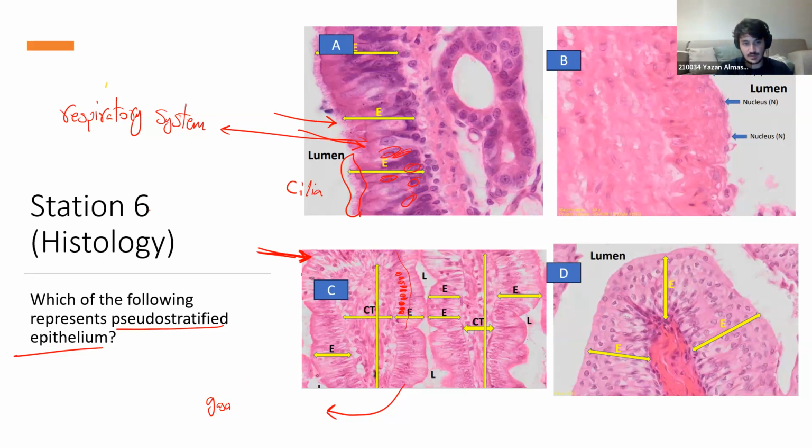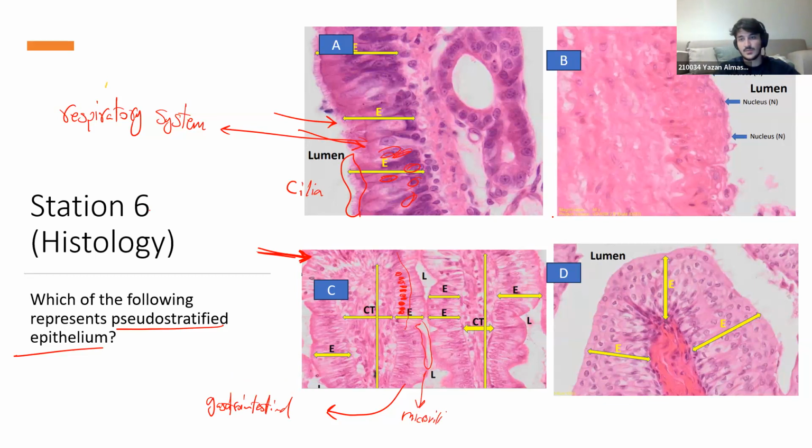So I'll just write gastrointestinal. And these small things that are coming off are microvilli.